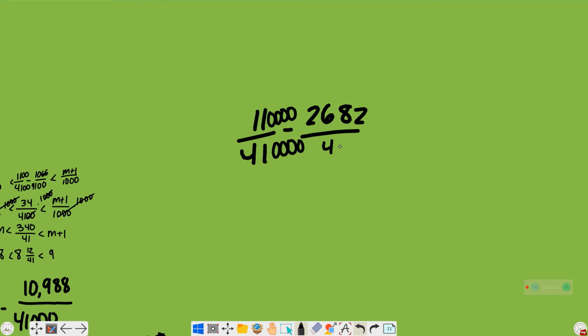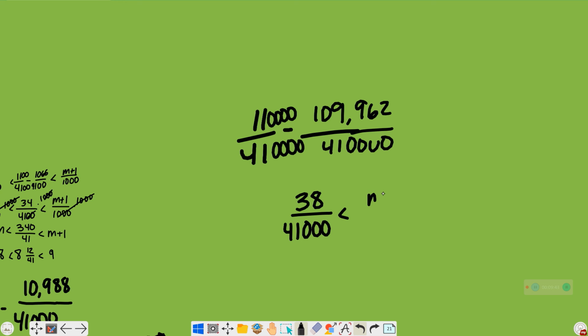So we should have 4, 1, and 4 zeros. And 2,682 times 10,000. Oh, not times 10,000, times 41. 2,682 times 41 is 109,962. When we subtract that from 110,000, we have 38 over 41,000.